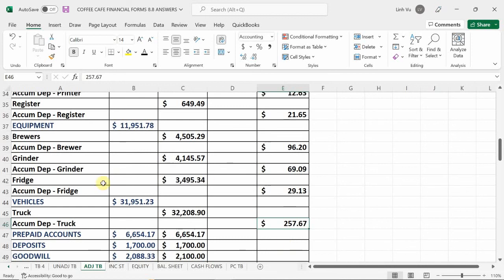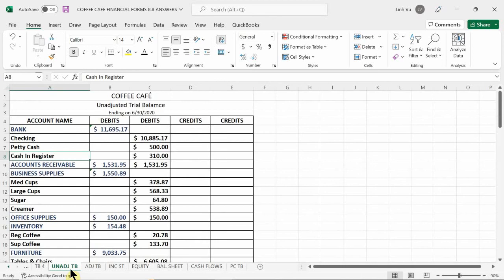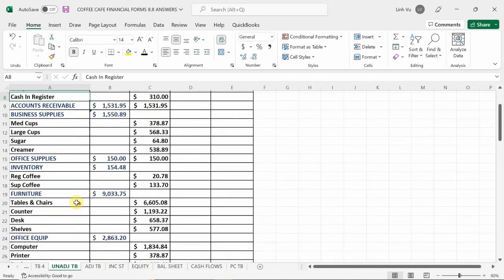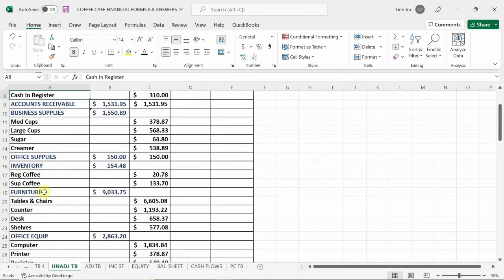So in this case, I purchased my vehicles for $32,000. That's exactly what you need to record. So that's why you need to go to your unadjusted trial balance to see what you originally, historically purchased all your fixed assets for. So I go to my unadjusted, I go to my furniture.